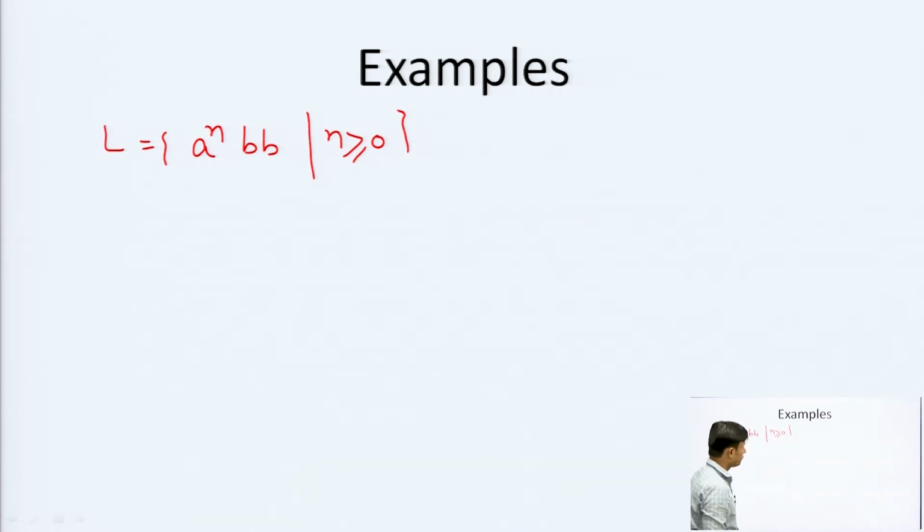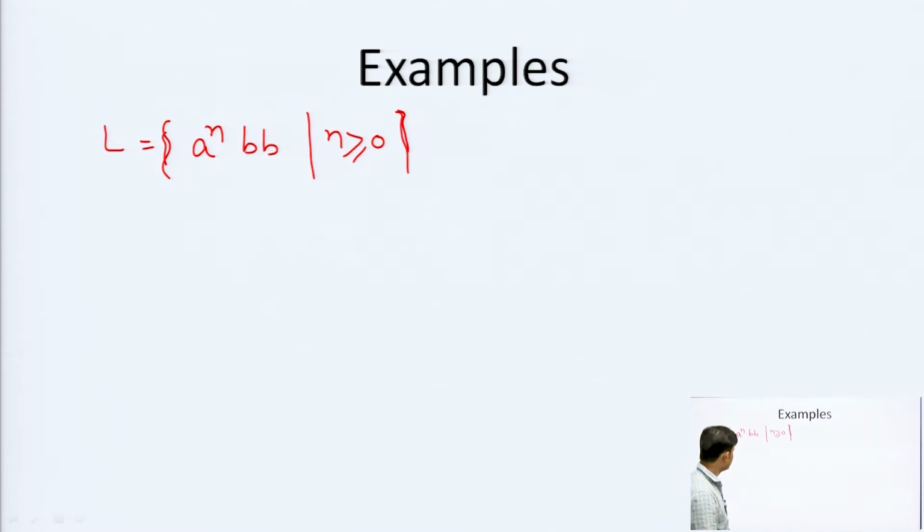This is the language given, and for this we have to design a Turing machine. You see, this language is a regular language, so we can have a finite automata, and we can also have a pushdown automata.